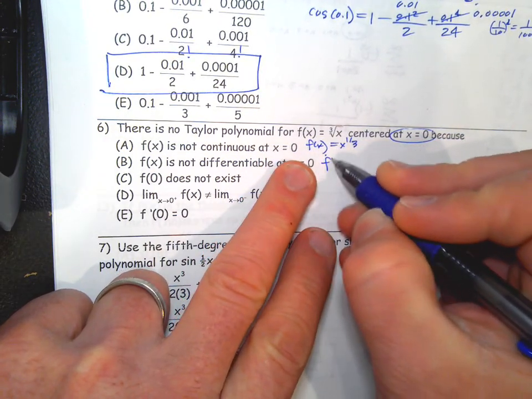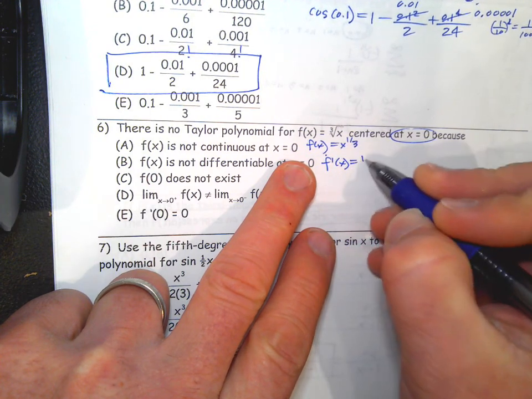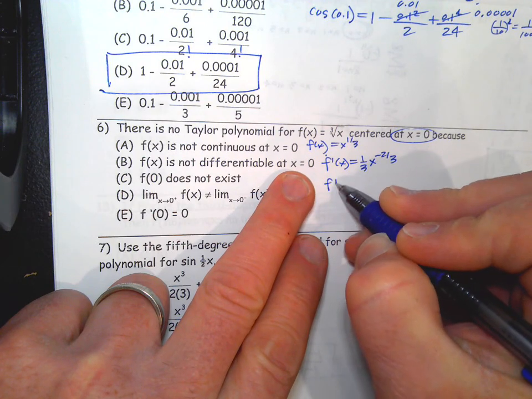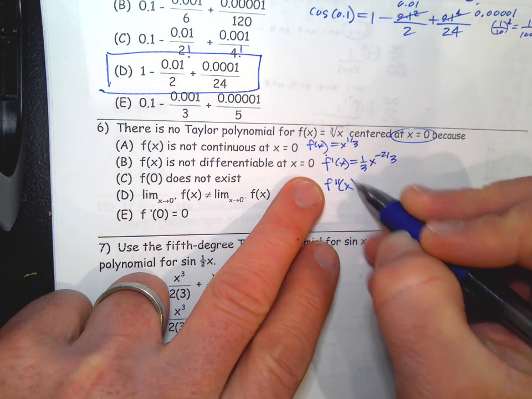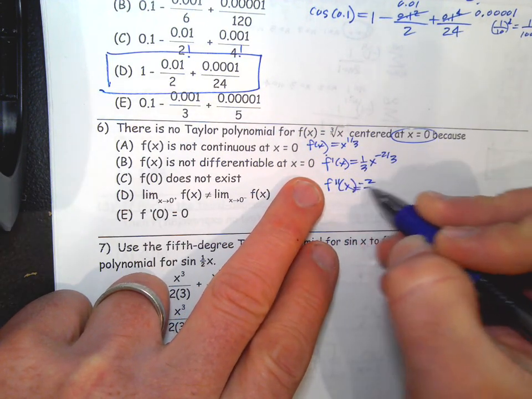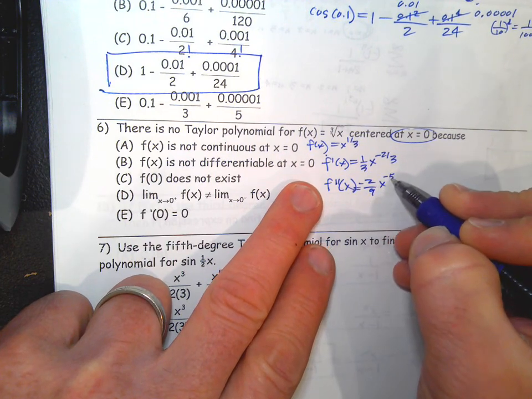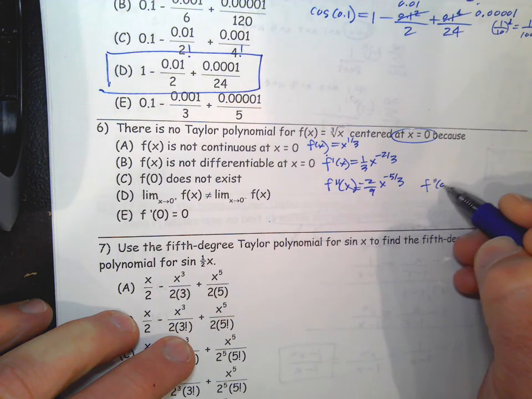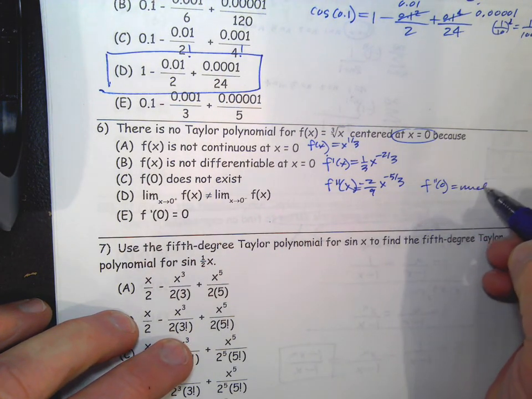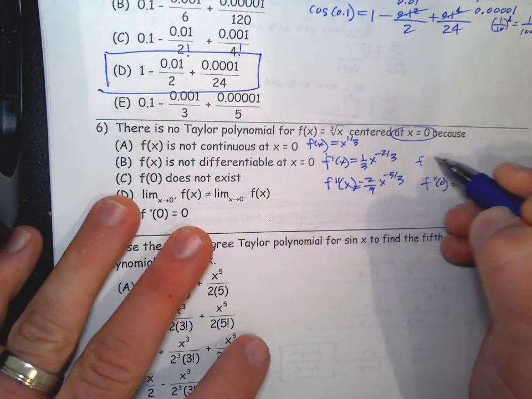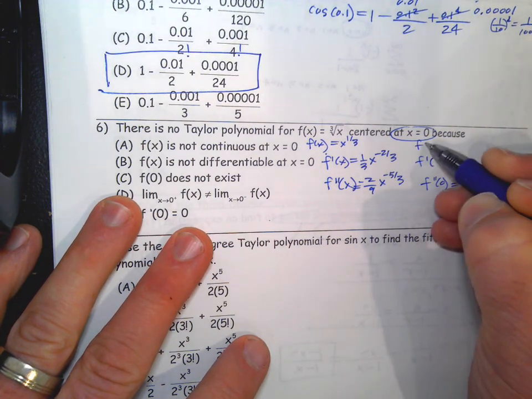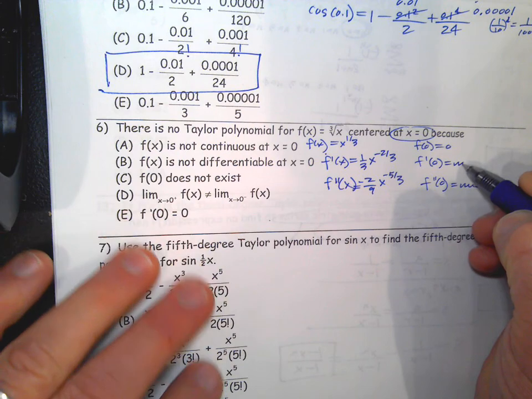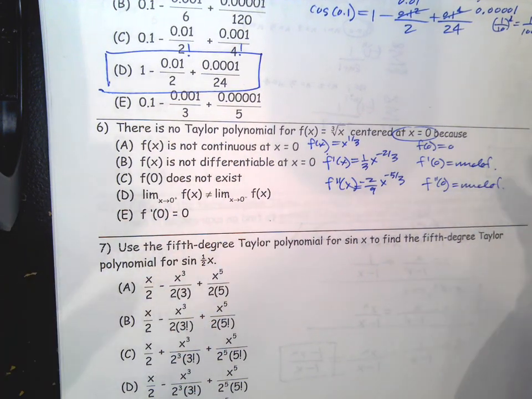And if you start taking derivatives, you get 1/3 x to the negative 2/3, and then you get negative 2/9 x to the negative 5/3. And the problem here is that when you plug 0 into these, you get undefined, right? You get division by 0. You get a value on the first one, but all these others are undefined. So we can't do that.